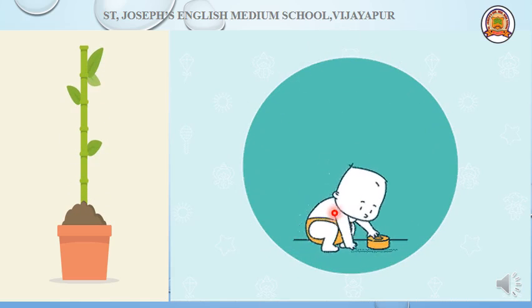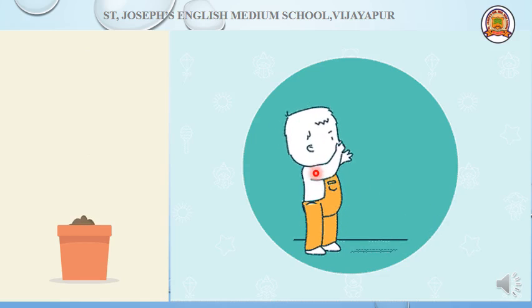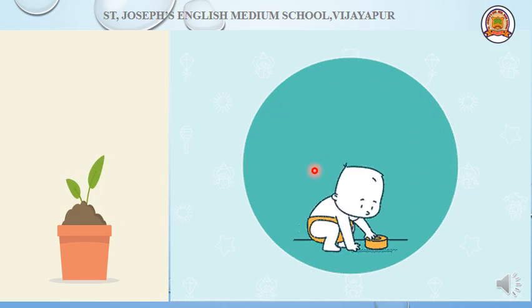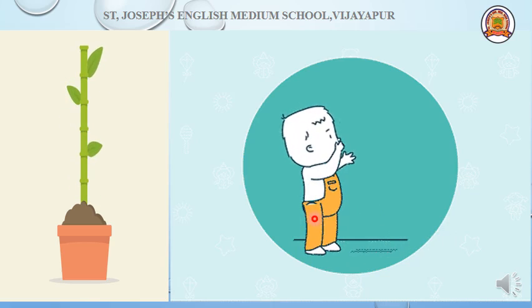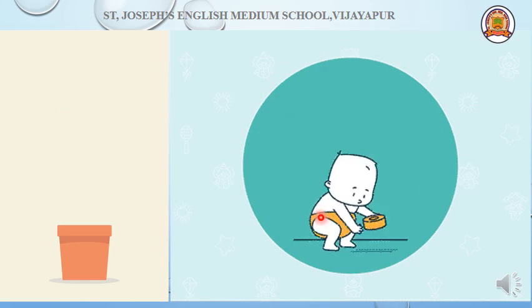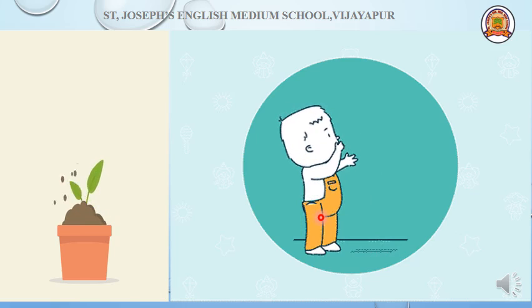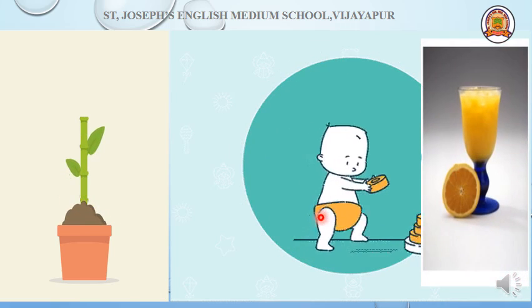Here you can see a baby celebrating a 1 year birthday and growing up and celebrating his 4th birthday. Does the baby change its height and weight and come back to become a baby? Can the boy change into a baby again? No, not possible. So, this is an example of irreversible change.